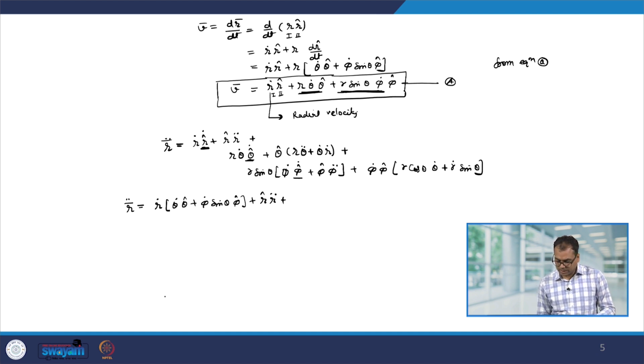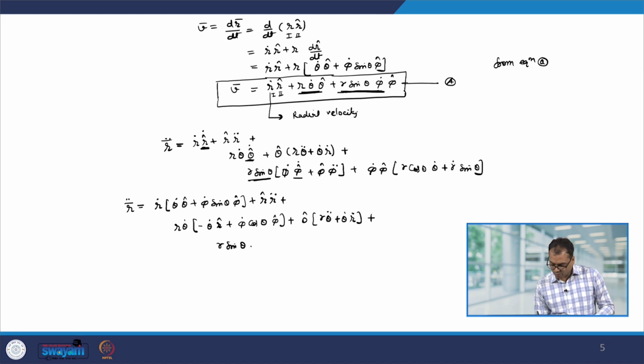So, we have r theta dot, theta cap dot is minus theta dot r cap plus phi dot cos theta phi cap plus we have theta cap r theta double dot plus theta dot r dot plus we have r sin theta. So, r sin theta and we have phi dot.